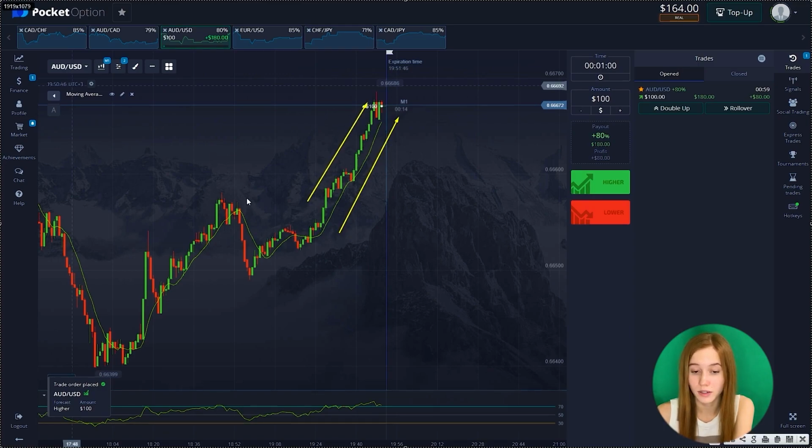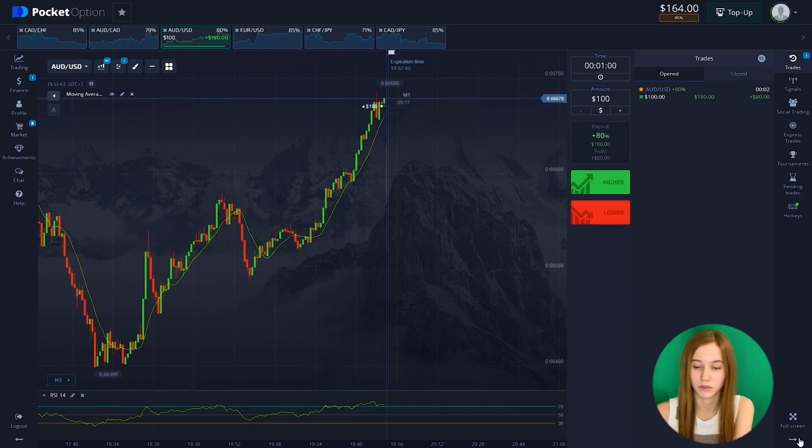Green bars, quite correct, so we opened correctly. RSI is in the down position because of a red candle. We are near the overbought zone. Yeah, great. Plus, the deal profit is $80.